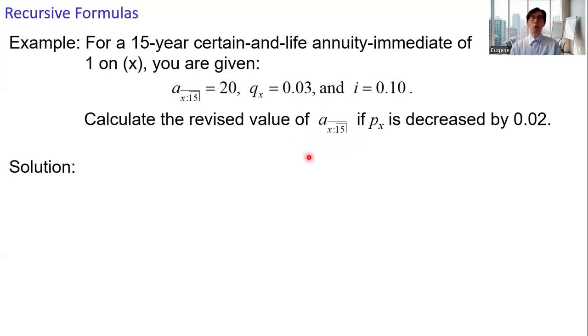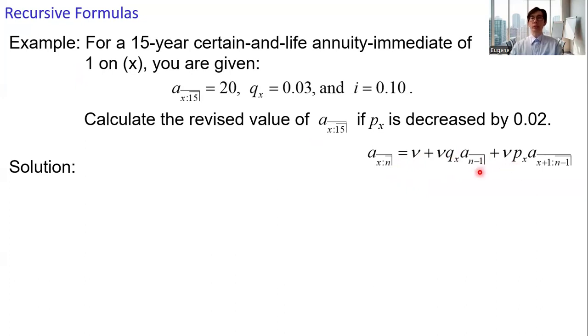All right. Only the survival probability or the mortality probability at age x is changed. And therefore, we can make use of the recursive formula to accommodate the change. Here we have the n-year certain and life annuity immediate. We get the expression on the right-hand side. p_x is changed, so we only need to change the value for q_x and p_x accordingly.